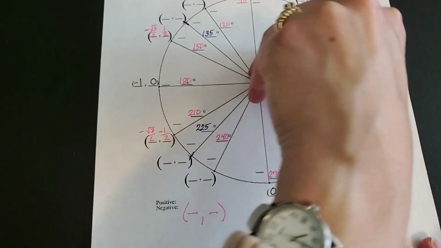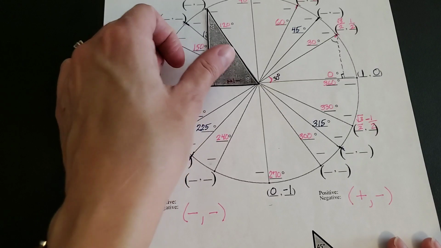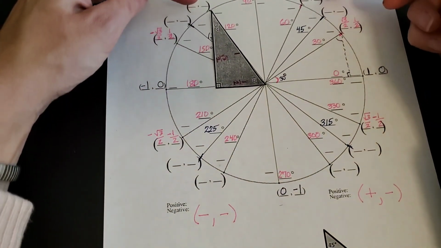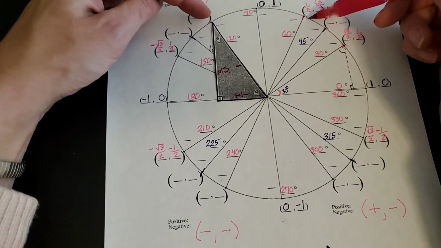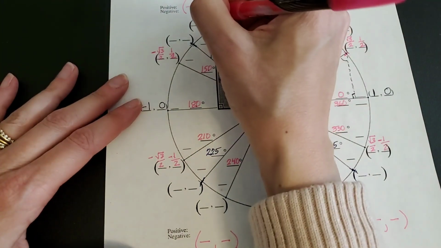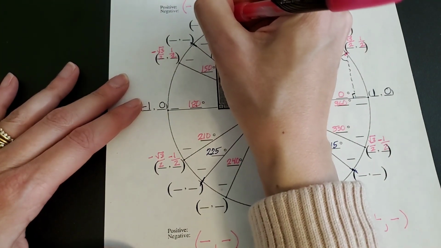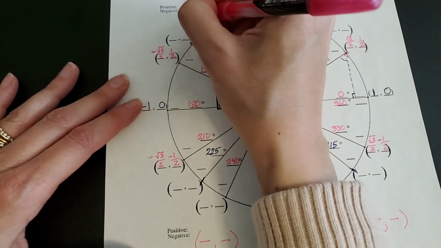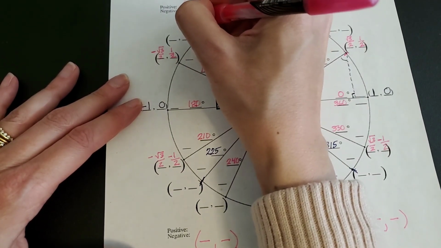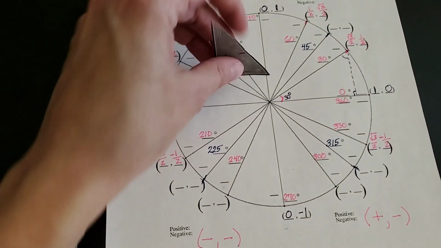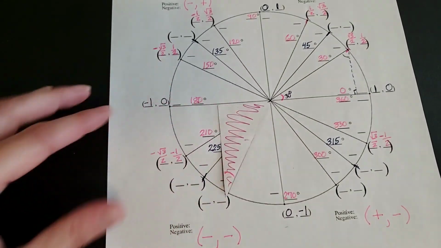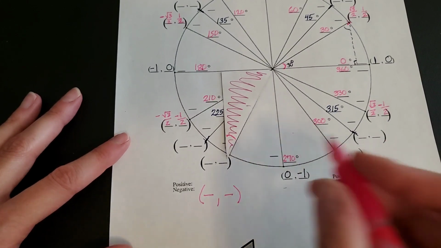Now, I'll flip this over here at 120 degrees. Notice they have the same height. Both of these ordered pairs are at the same height, and so the y-coordinates would be the same. And the x-coordinates are the same, but in quadrant 2, that x-coordinate is negative. And we'll flip this down to the bottom here.